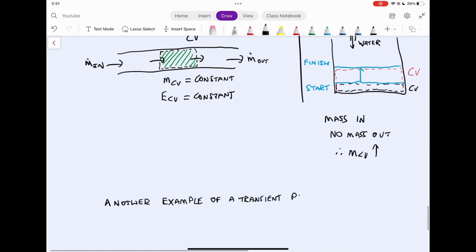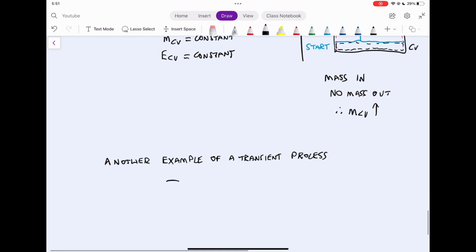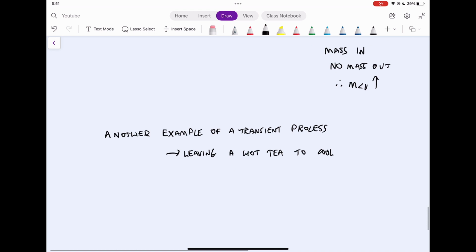Now, another example of a transient process, just to give you an idea, is if you were to, for example, leave a hot tea to cool inside a room. So let's say I bring a hot tea in a room, starting at 100 degrees Celsius.